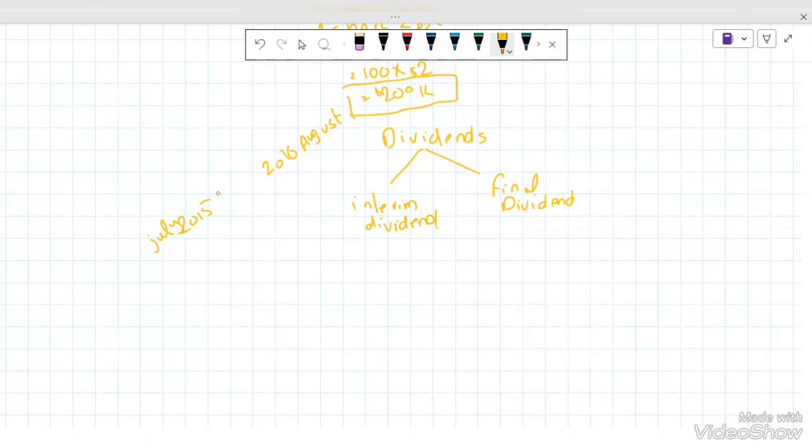So if you pay, for example, $1,000 in December 2015, it means this is an amount you have to pay during the year.